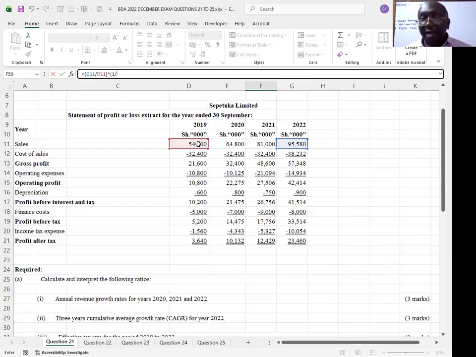Then you say divide. We are dividing by 3 periods. And I've said you count from the last year, going backwards, 1, 2, 3, but you do not include the first period. So we have 3. You close the brackets. Then you say minus 1.